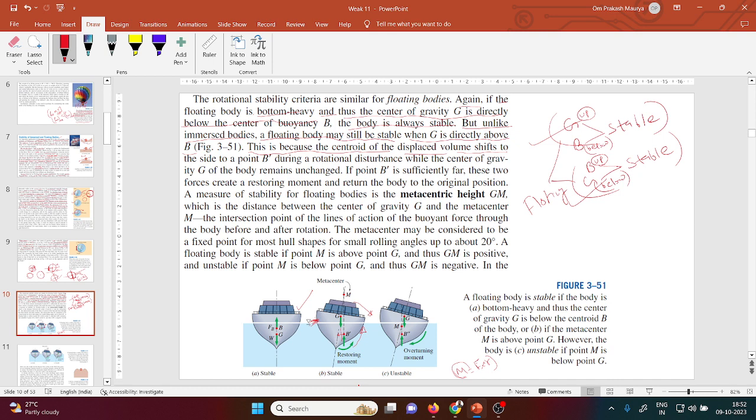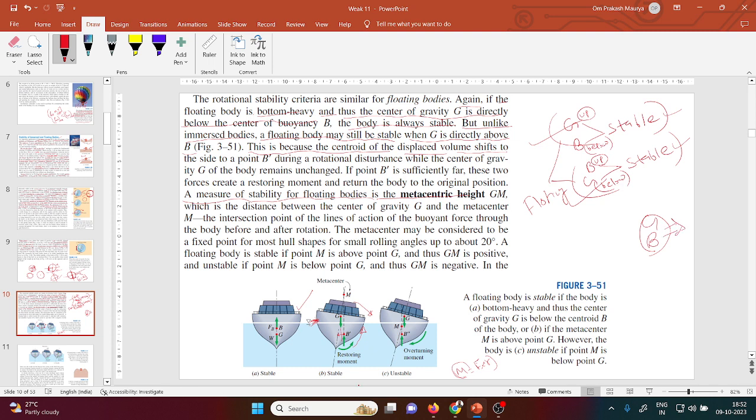Now coming to this: a measure of stability for a floating body is the metacenter height. Why metacenter height? Because for the stable condition in the floating body we previously discussed only the center of gravity and the center of buoyancy.